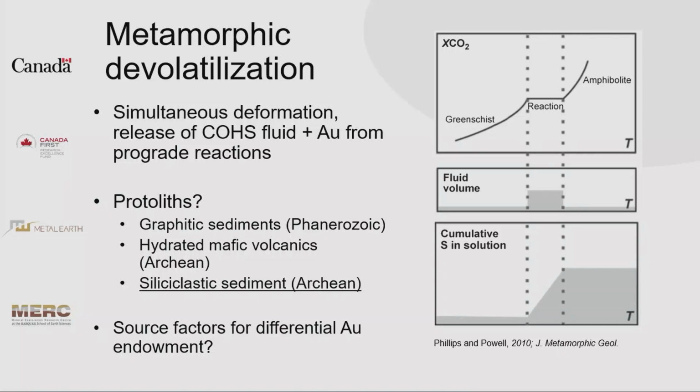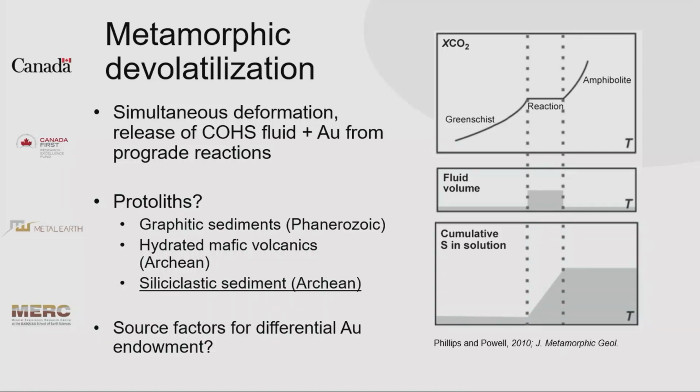So when we're dealing with orogenic deposits, a lot of the time we think, this must be a sink process, because metamorphic devolatilization happens to all sediments. It's such an elegant model, but it doesn't explain why there's differential gold endowment. So a lot of the time we invoke something different in the sink and the structural history. But what if we dig deeper and look at whether everything really is the same when you go down to the source?